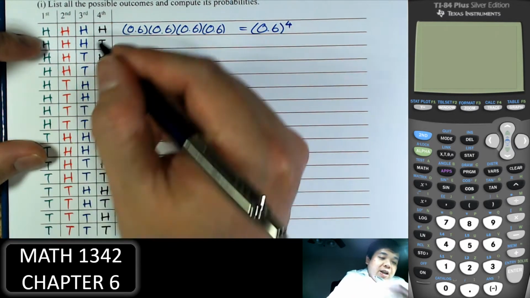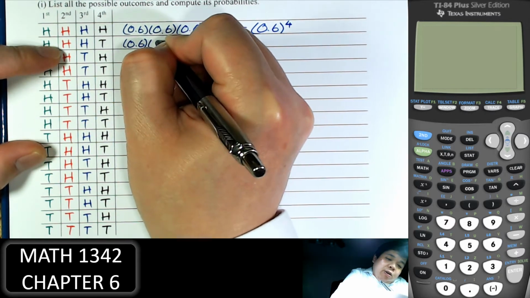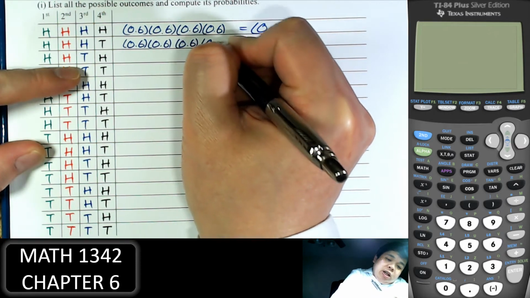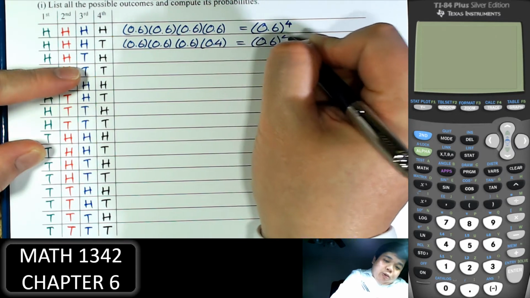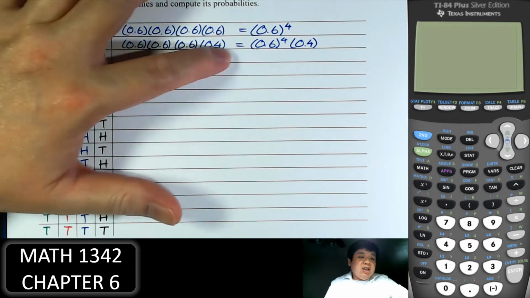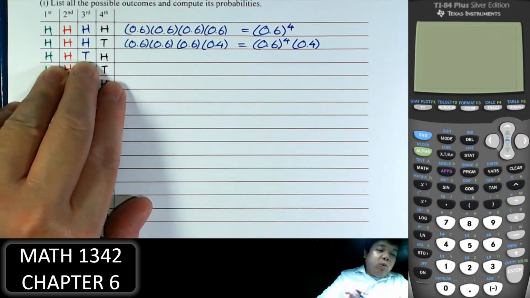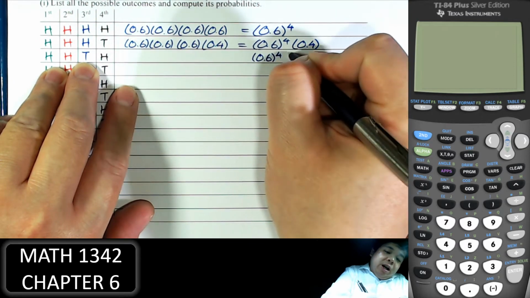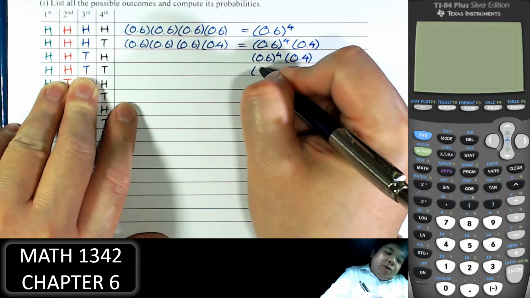Next, 0.6 for a head and 0.4 for a tail, so I have 0.6 to the 4th power... I'm not going to multiply everything out, just write everything with powers. Here we have 3 heads and 1 tail.